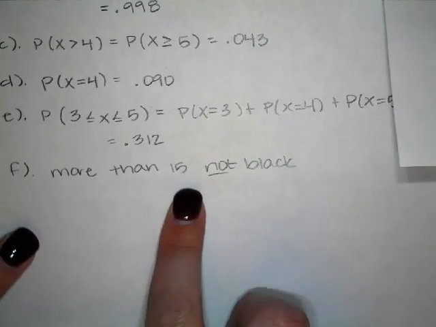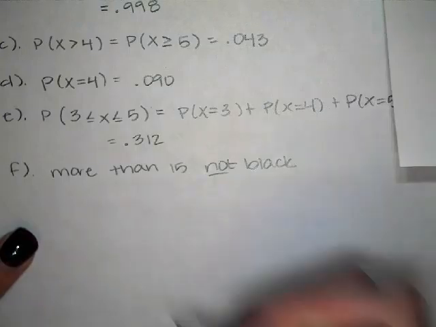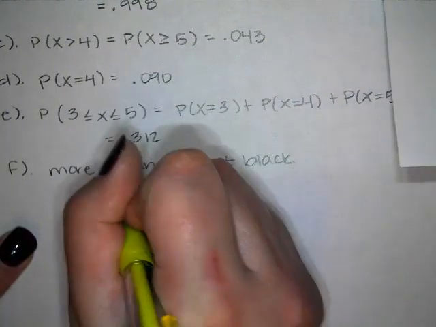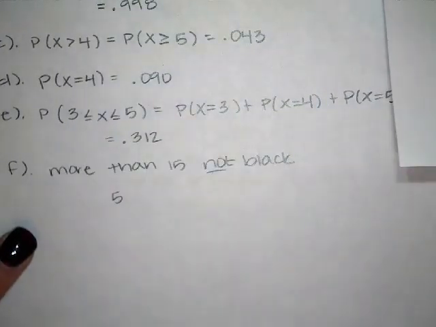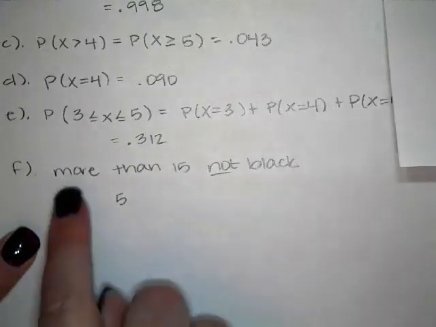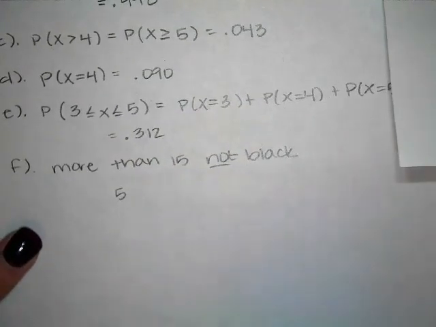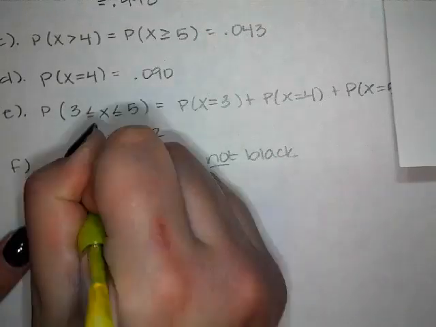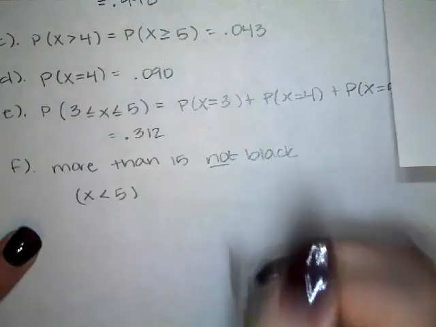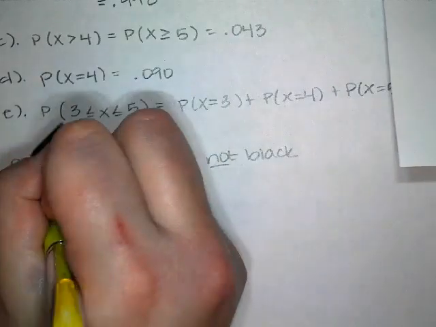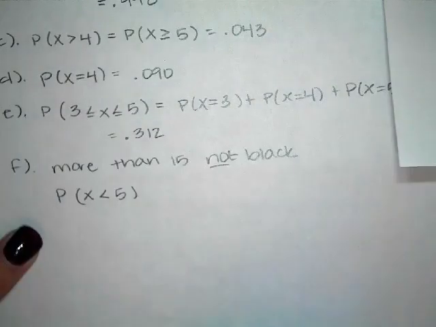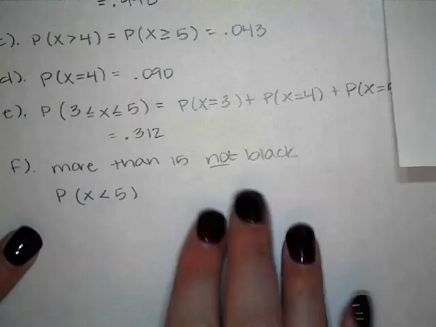That means that if we're talking about black cars, we're talking about fewer than 5 of them, because altogether there should be 20 trials. More than 15 are not black means that less than 5 are black. So we're looking at the opposite phrasing.